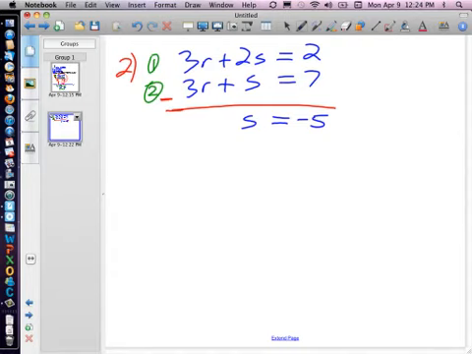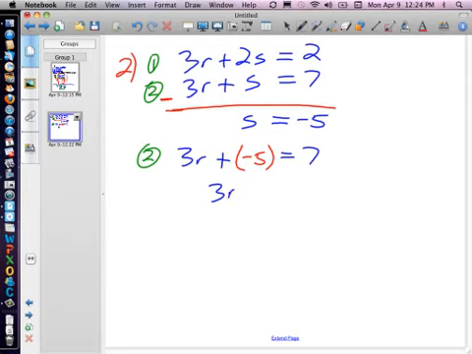Once we have s equals negative 5, we can plug that back into either of our equations. I'm going to go into equation 2 because the s is all by itself. So equation 2, we have 3r plus, we had an s of negative 5, equals 7.